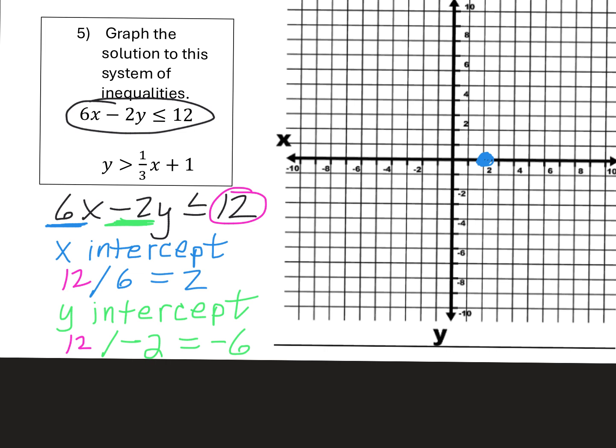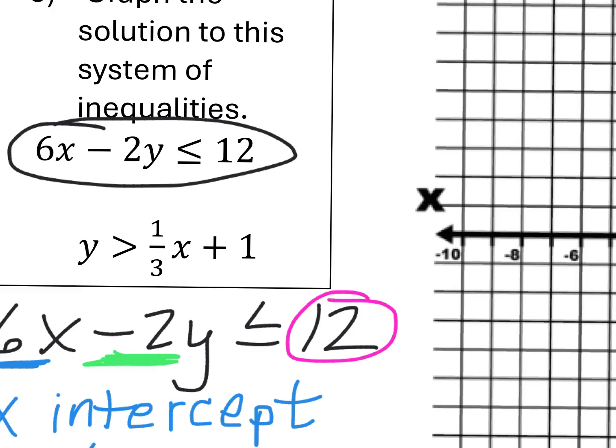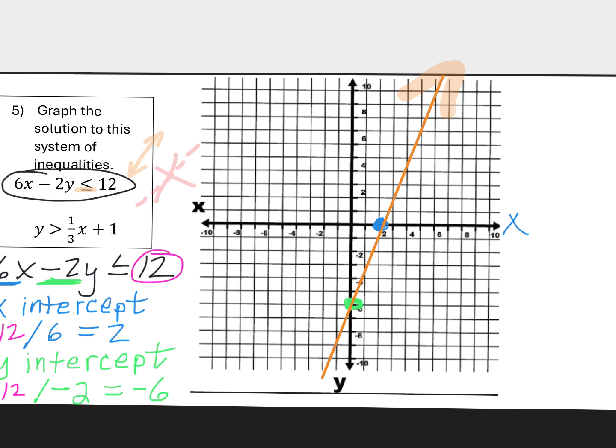So our y-intercept is going to be down here at -6. We have an equal to sign in our inequality. So that means this time we're going to use a solid line, not a dotted line, because we have an equal to. So we're going to connect those coordinates with a solid line.